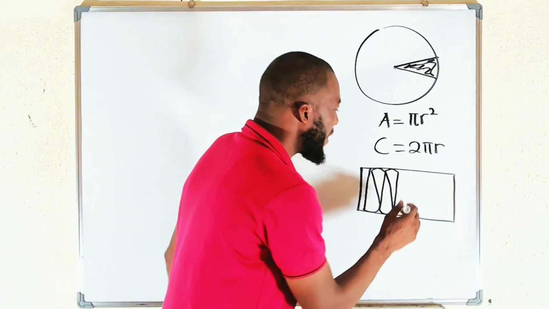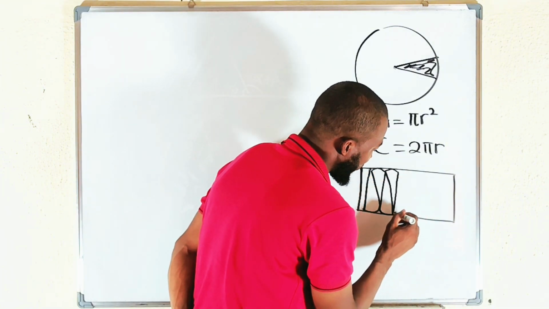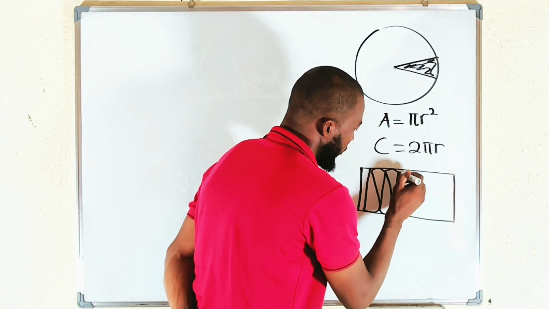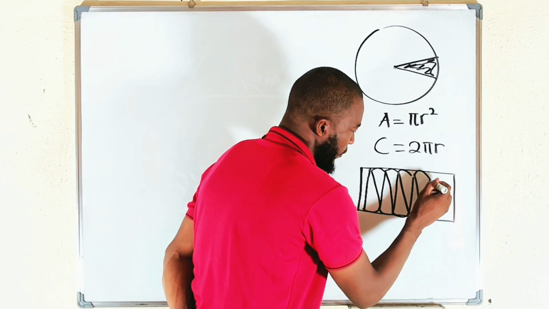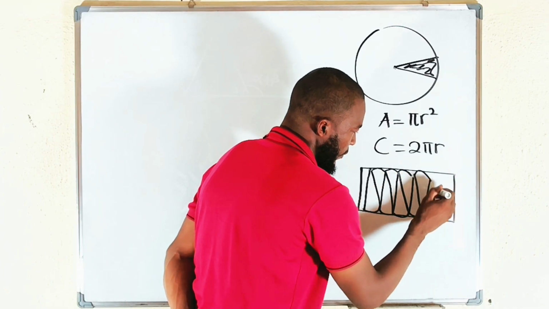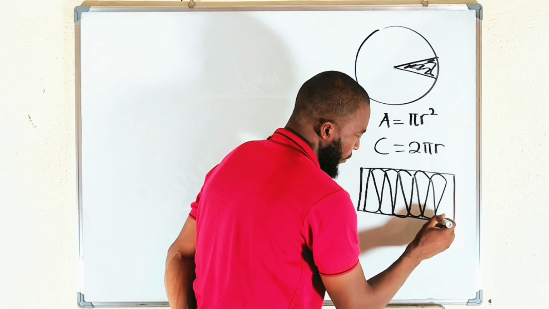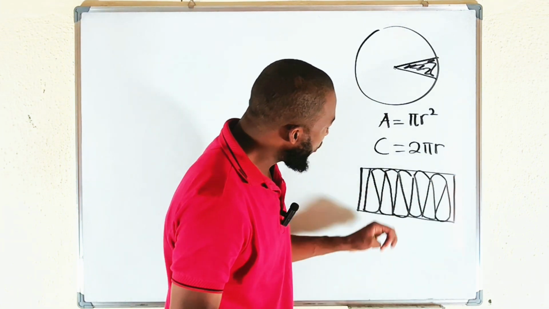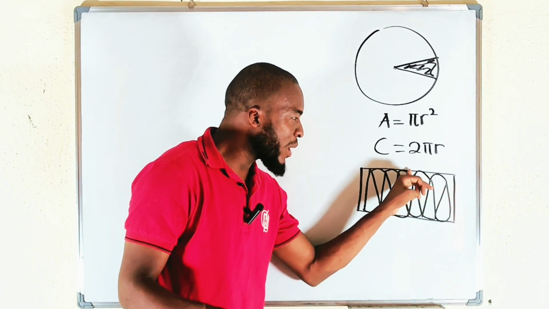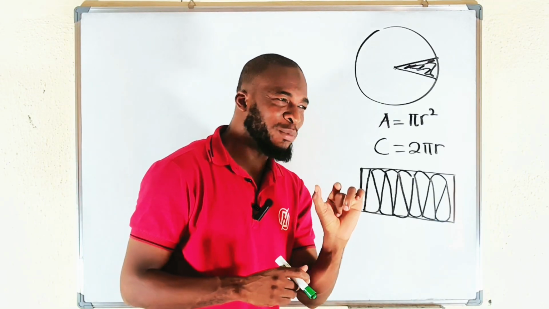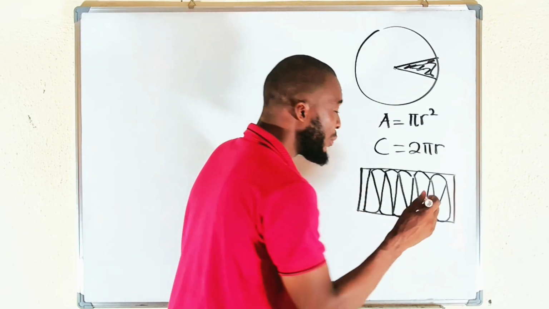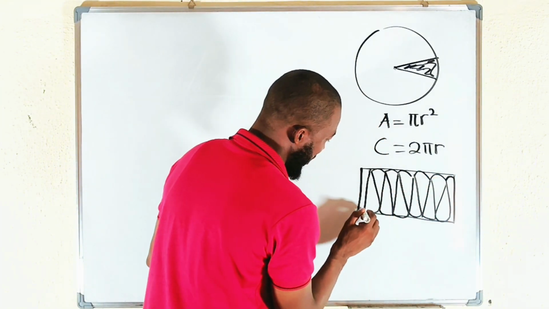But make sure they are as tiny as possible. The reason why we have some gaps is because the sectors are not as tiny as possible. It's only a computer that can do that work.